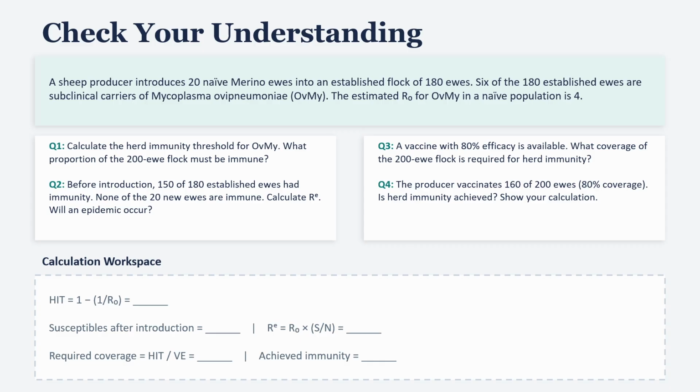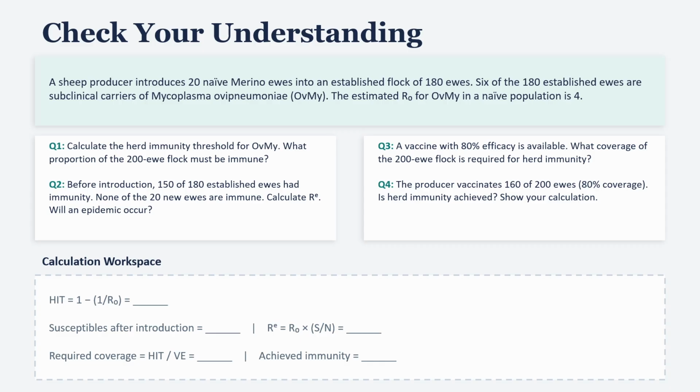Total immune in the population, 150 are naturally immune, plus 32 newly vaccinated susceptibles who responded, equals 182 immune out of 200. The proportion immune equals 182 divided by 200 equals 91%. This exceeds the HIT of 75%. Herd immunity is achieved with this vaccination program.